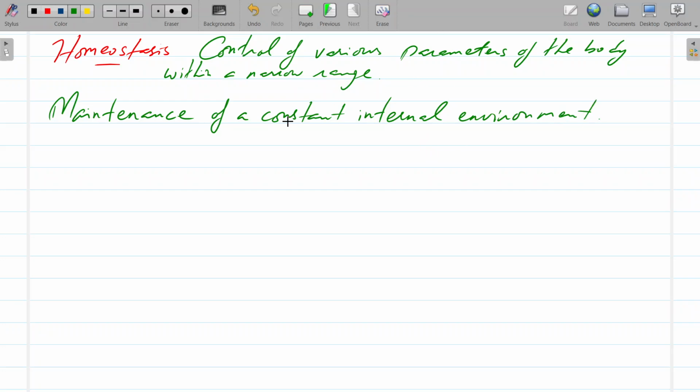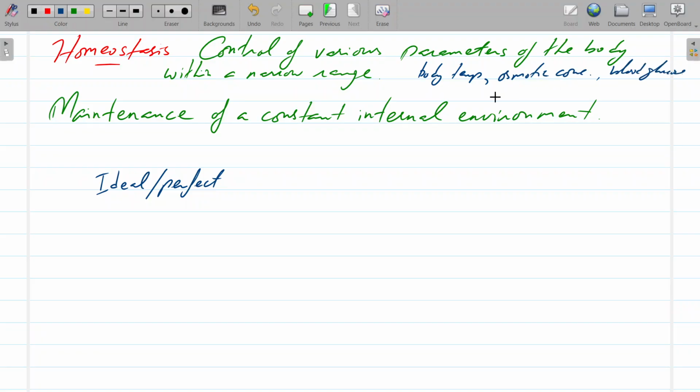So the narrow range that I've mentioned, right, there is an ideal or perfect level at which different parameters, meaning such as body temperature, right, osmotic concentration, right, blood glucose, and then you have, for example, O2 and CO2 levels in the blood. Right, so these are different parameters.